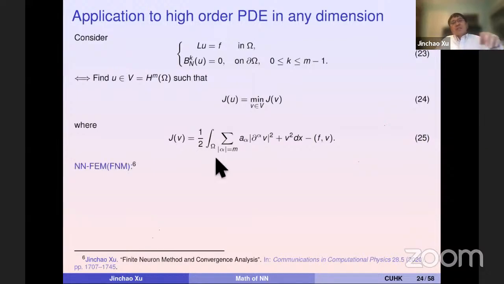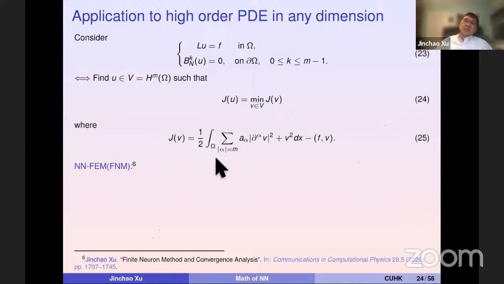When I first looked at this a couple of years ago, I was wondering, there's lots of people in the literature who have tried numerically solving partial differential equations with neural networks, but I have not seen any analysis. For a long time, I didn't know how to do the analysis.